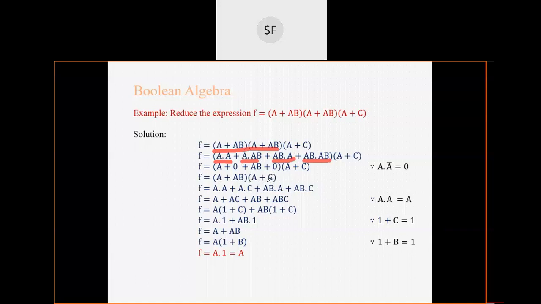Now again I have expanded these brackets and done the multiplication. So a multiplied by a multiplied by c, then ab multiplied by ab multiplied by c. Although I am calling it multiplication, it is actually an AND operation. Remember that.